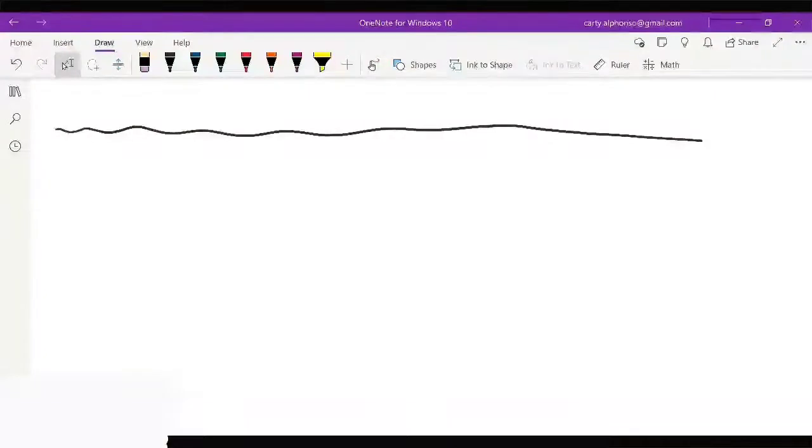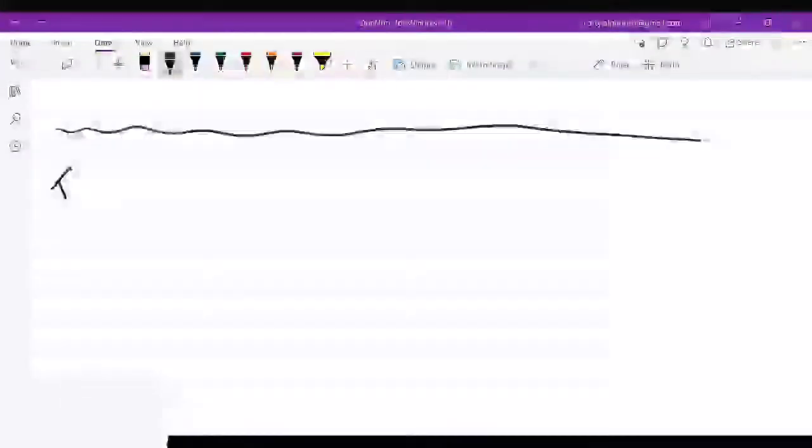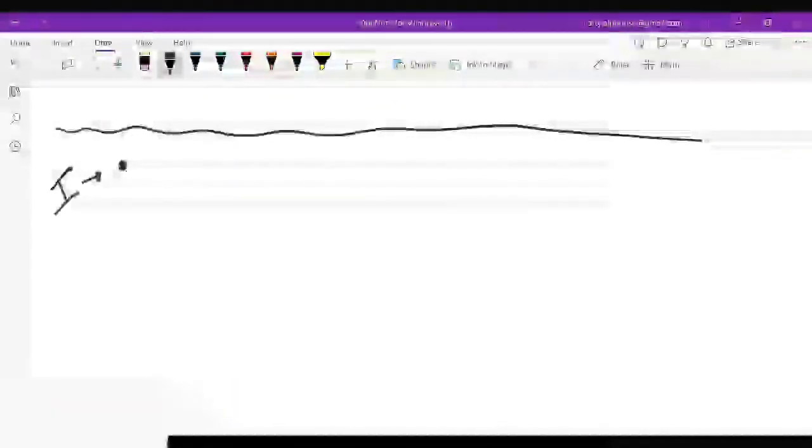So when it comes down to it, we have moment of inertia, which is based on two factors: geometry and the mass of the object.